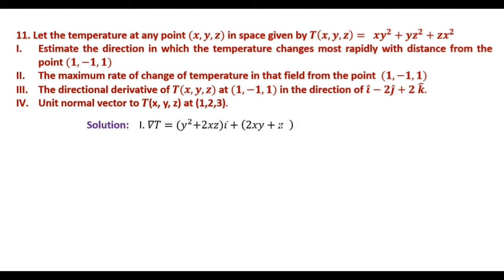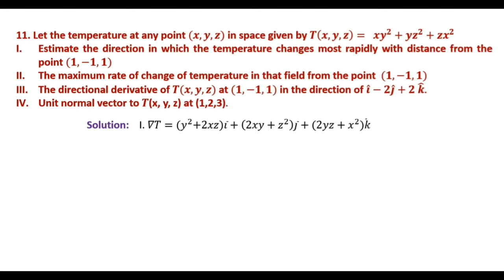So basically the temperature function is already mentioned here. The direction in which the temperature changes most rapidly with distance from that point means you need to find the gradient of the temperature function at the point P. So the gradient of the temperature function is del T at the point P. Del is i bar dou by dou x plus j bar dou by dou y plus k bar dou by dou z, where T is xy square plus yz square plus zx square.